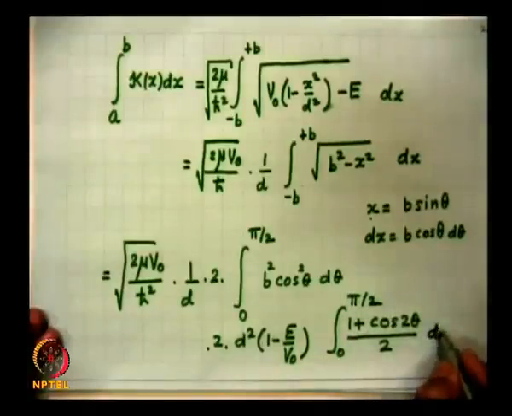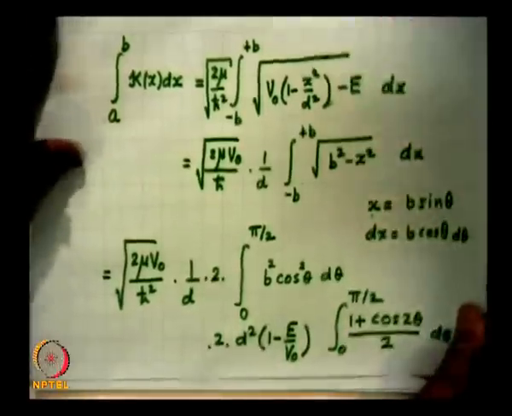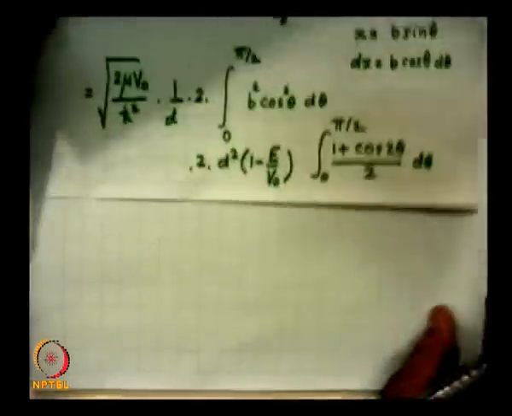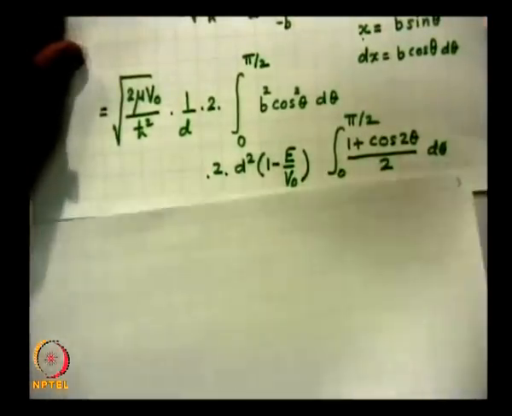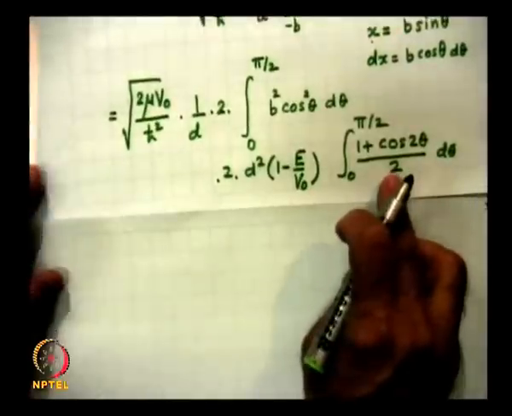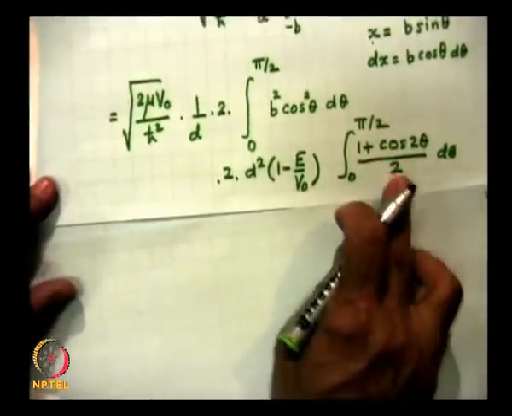The second integral will be 0 as we had shown earlier. So, the first integral will be half into pi by 2.